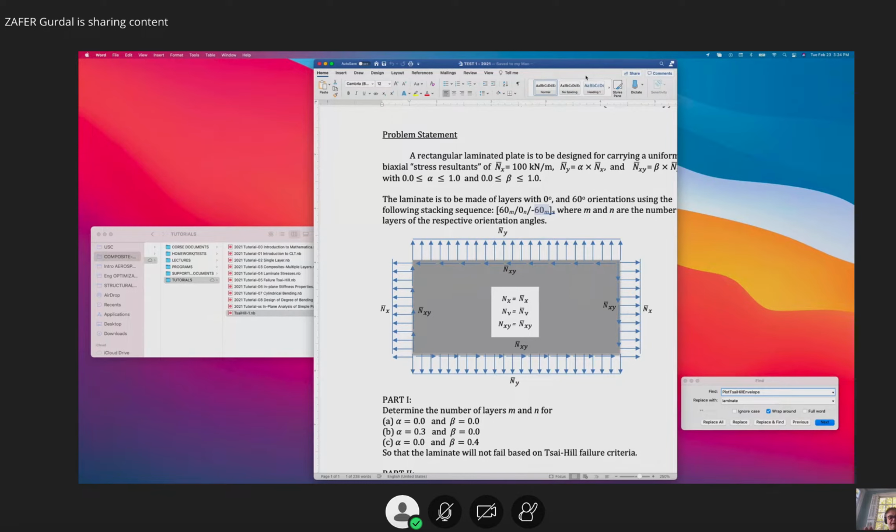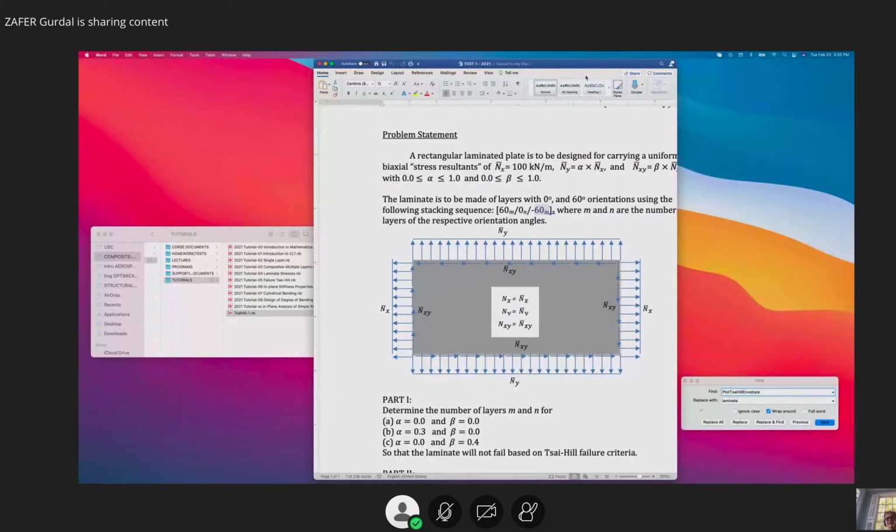But when there is bending, they will not be, because as a function of their location through the thickness, the magnitude of the stresses will change, and that will reflect itself in the principal material direction stresses. So the design job is much more complicated, and the analysis job is complicated.